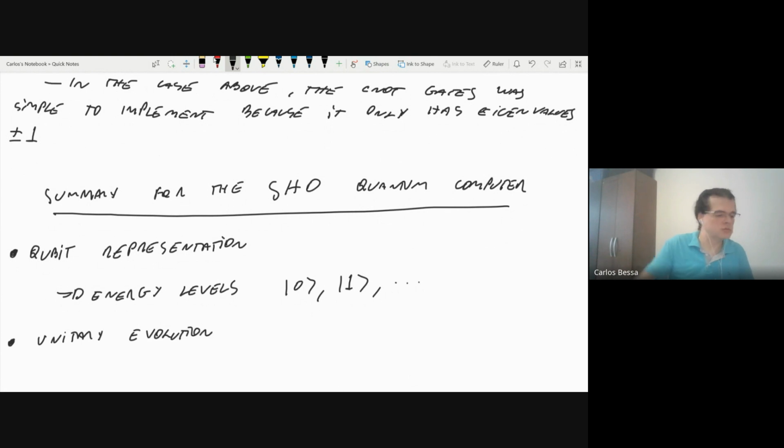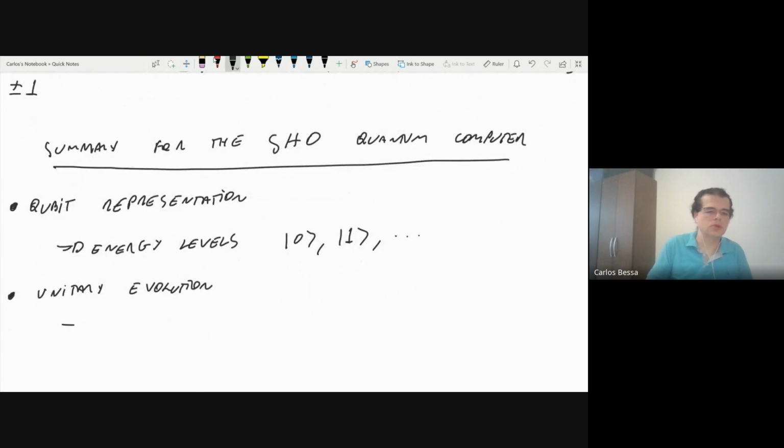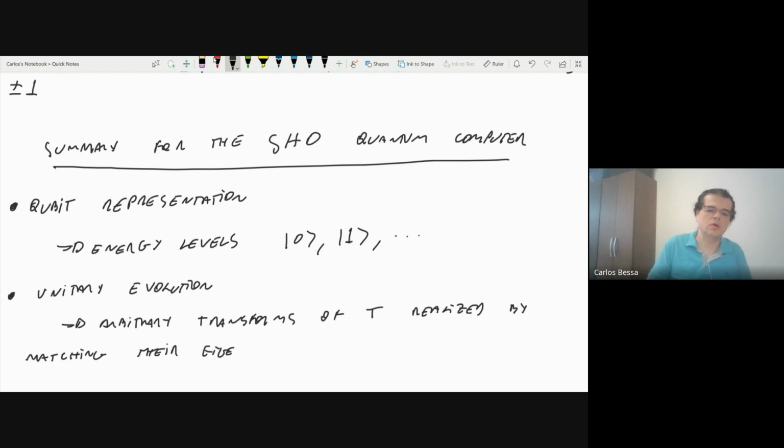And arbitrary transforms, in this case of T, the time operator, realized by matching the eigenvalue spectrums to that given by the Hamiltonian.